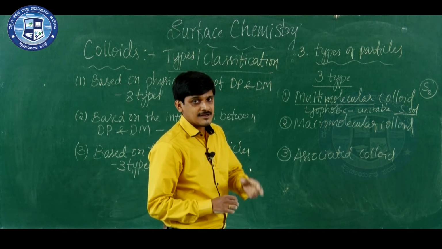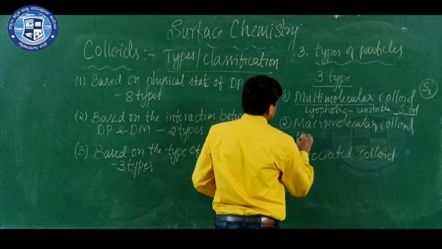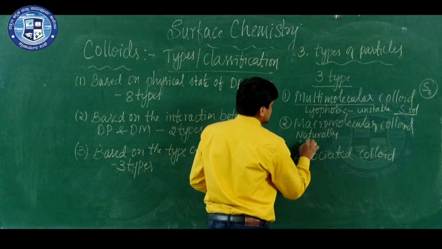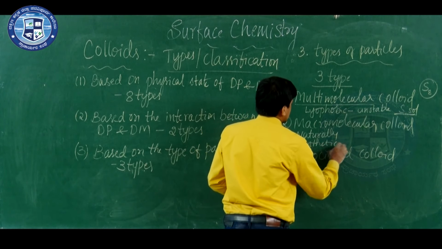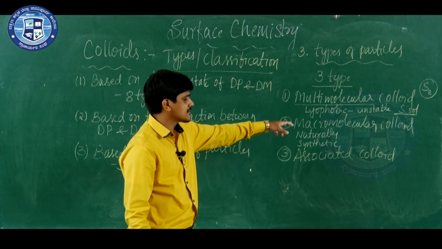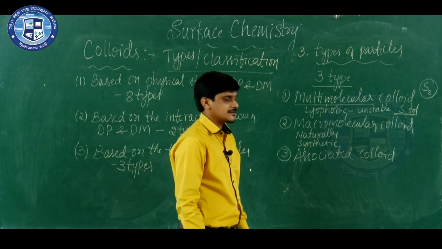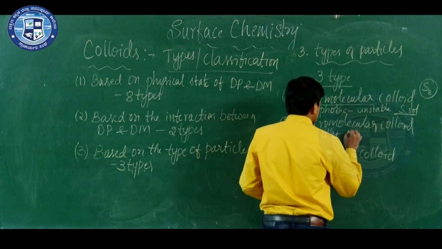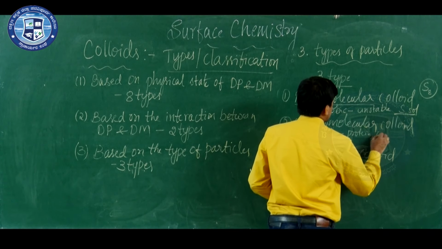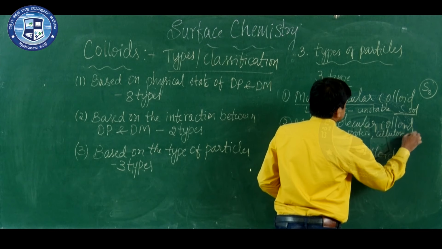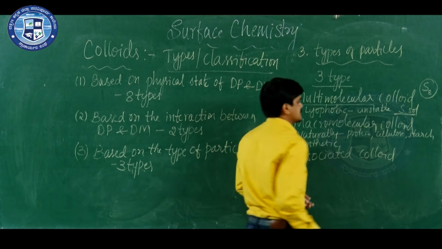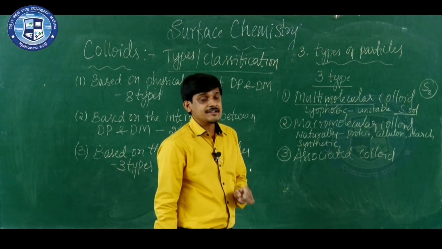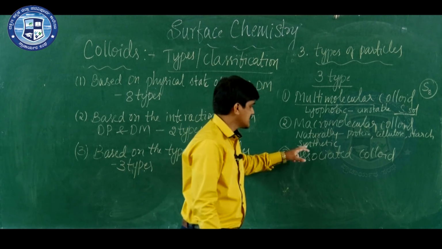Macromolecular colloids have two types: naturally occurring macromolecular colloids and synthetic macromolecular colloids. Examples of naturally occurring macromolecular colloids are protein, cellulose, starch sols: protein sol, cellulose sol, starch sol.